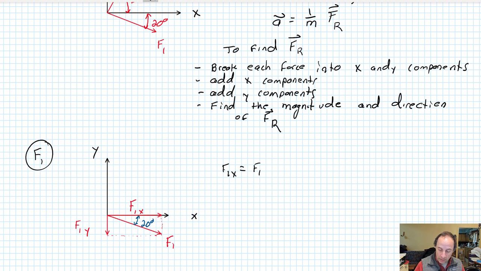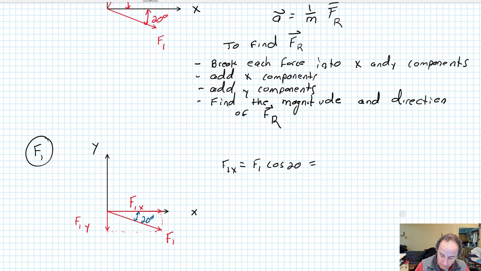So it's F1 cosine of 20, and that gives us 4.7 newtons. The y component is just the sine of 20, which gives a negative 1.71 newtons.